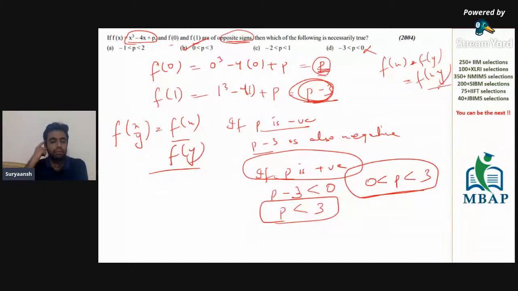Most of the time the questions are simple, not very difficult, and you can substitute the options, eliminate the options using any values of x and y, and shortlist your right answer.